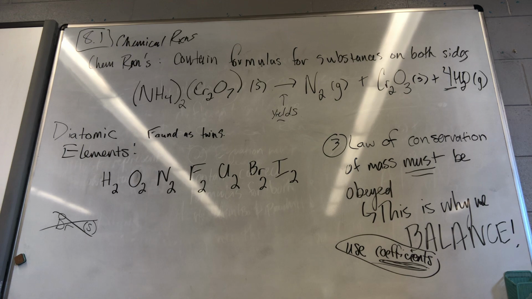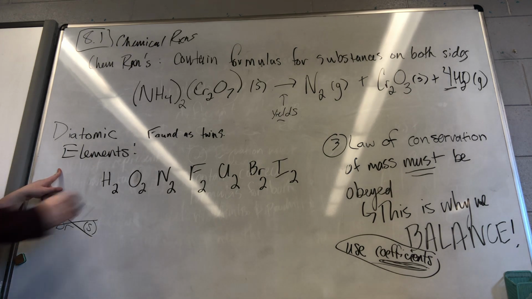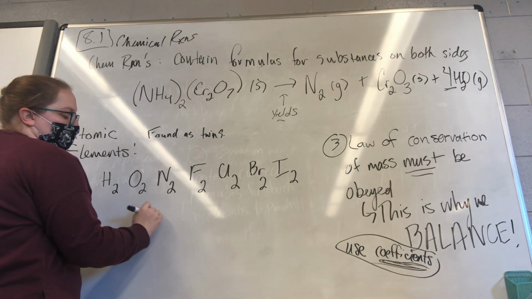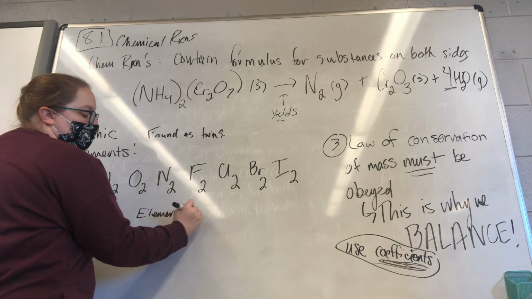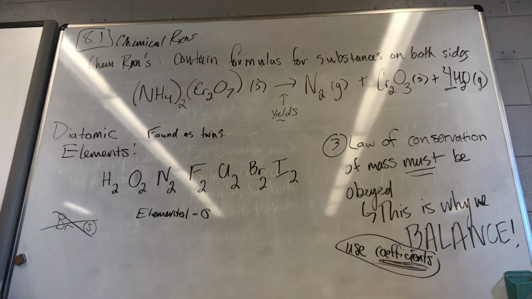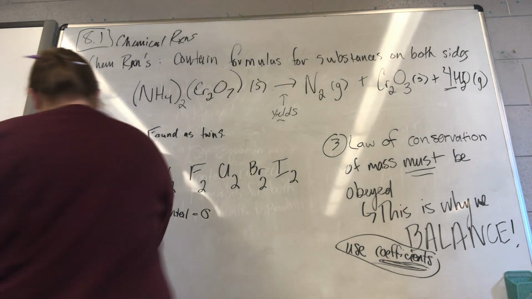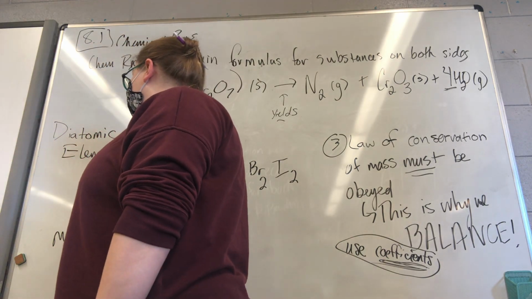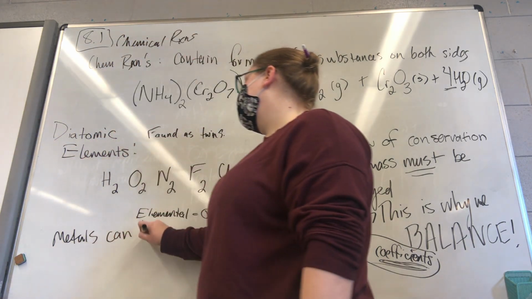Oh, what happens to the element's charge? That's a good question. These are what we call elemental. Charge is 0. So when we saw in our equations the other day, metals can be alone.